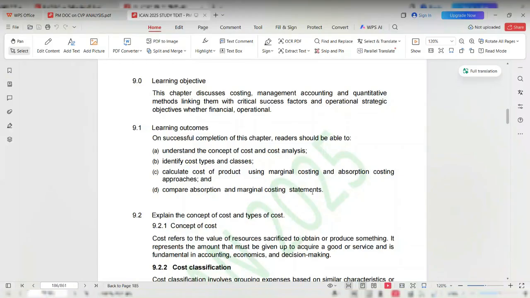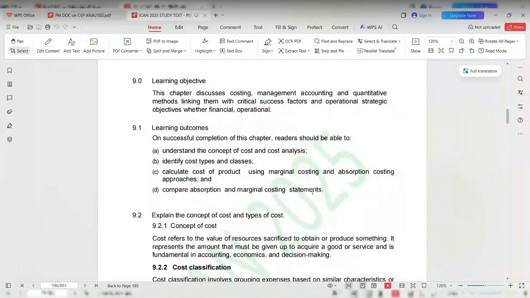So the learning outcome is that on successful completion of this chapter, readers should be able to understand the concept of cost and cost analysis, identify cost types and classes, calculate the cost of a product using marginal costing and absorption costing approach, and compare absorption and marginal costing statements. I don't think this is a big deal. It is not special to us.